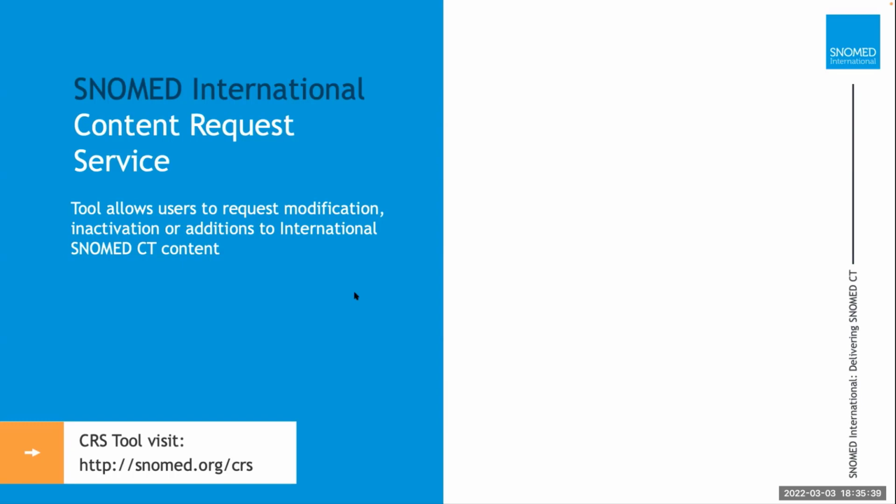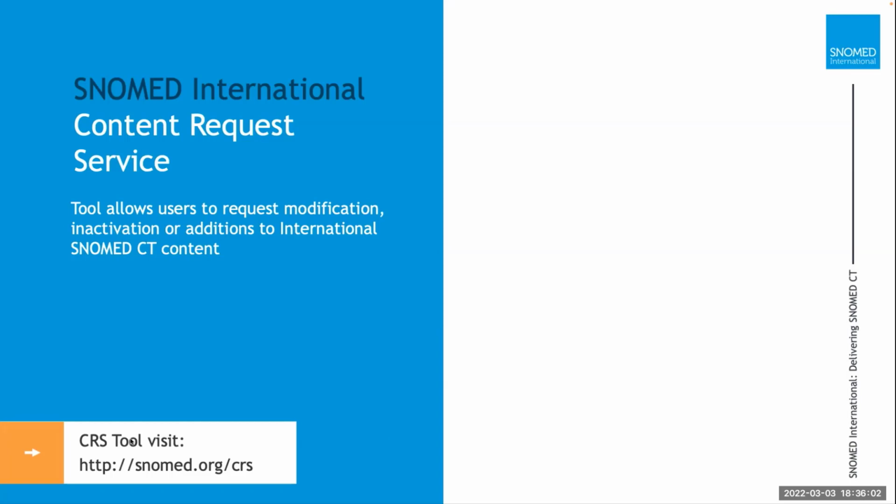And I suppose as part of becoming an NRC, you might want to consider a similar type of process for having your national request to make changes either to your extension, or if someone within your country finds something that they would like to be changed in SNOMED International, they would go through you.